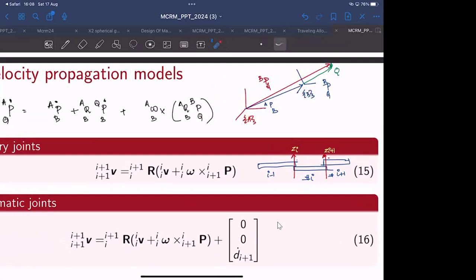And you need to find the velocity of this point. The only term that remains would be this term. So this distance corresponds to the distance between Zi and Zi plus 1. And you can consider B and A to be coincident.